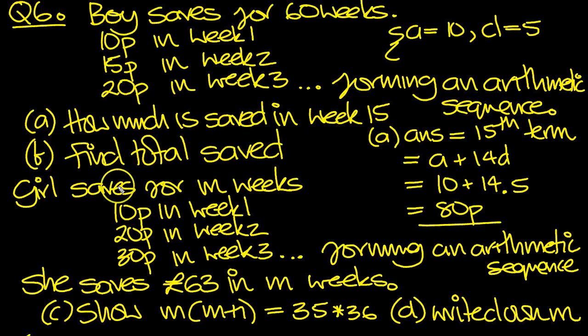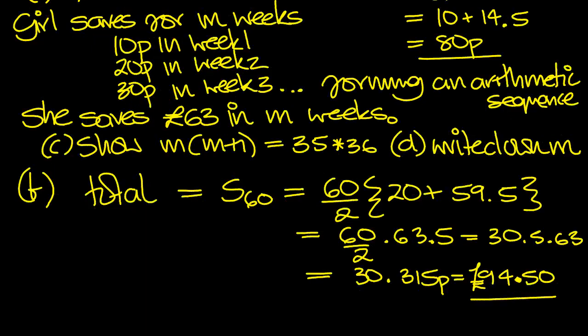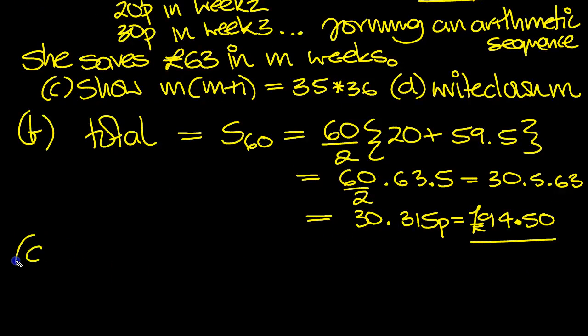Okay, so we've done that. The sister of the boy saves for m weeks, 10, 20 and 30 and so on, with an arithmetic sequence. She saves £63 in m weeks. Show that this is the case. So m weeks, we need to work out S_m.